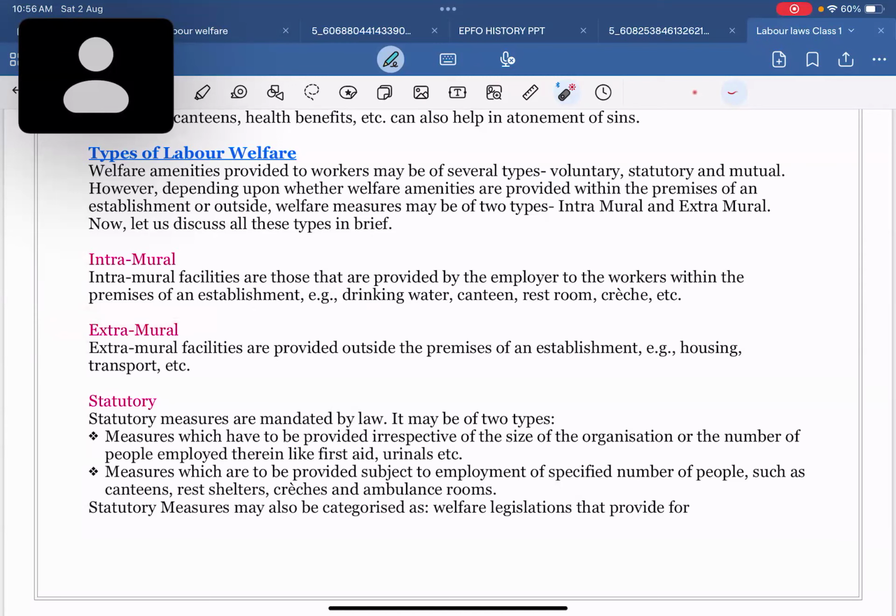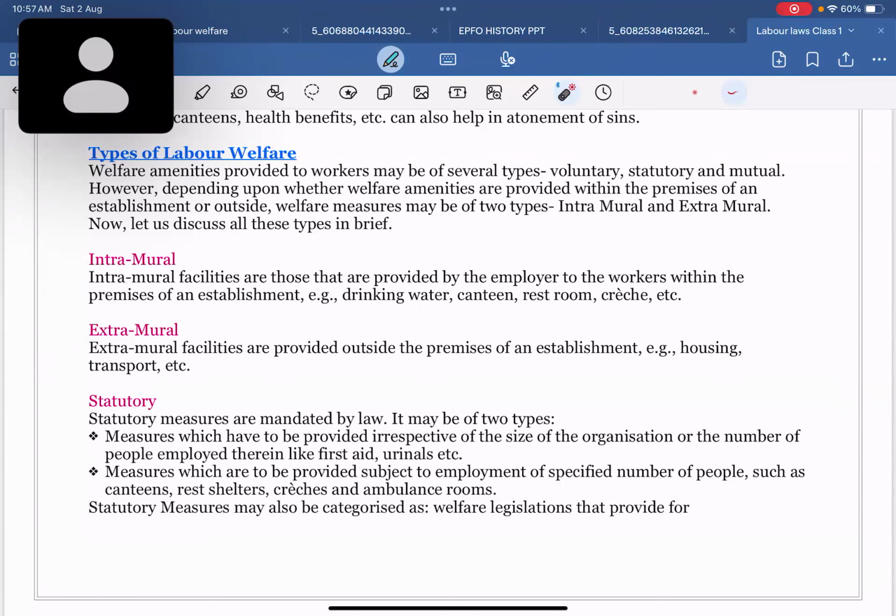Means anything considered a facility and provided within the boundary premises of the institution will come under intramural. But here it is written: measures which are to be provided subject to employment of a specified number of people, such as canteen, rest shelters, creche and ambulance. Right? So these are the things described under statutory.